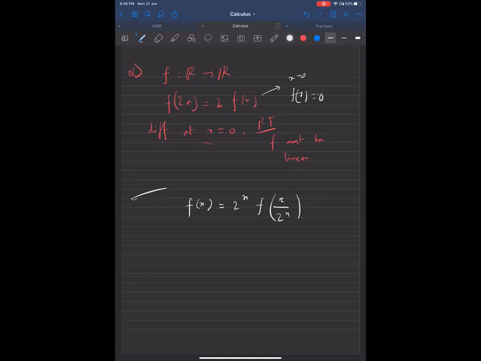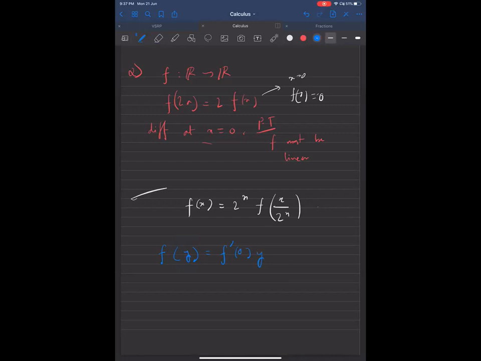First, think about this small statement. f is differentiable at x equal to 0, right? Then can you say that f of y is equal to f dash 0 times y?